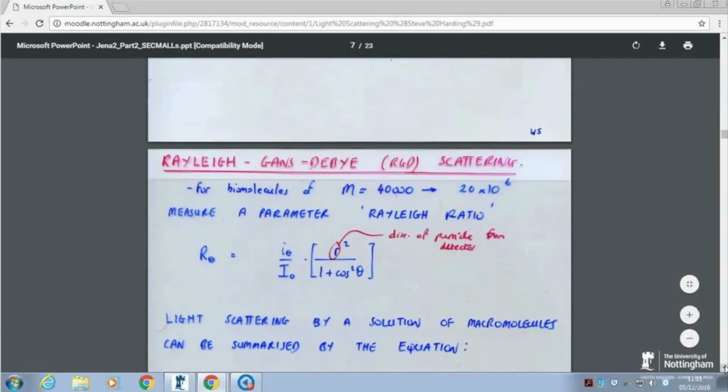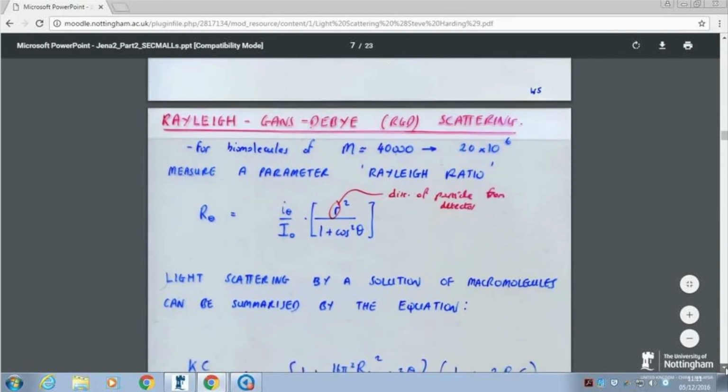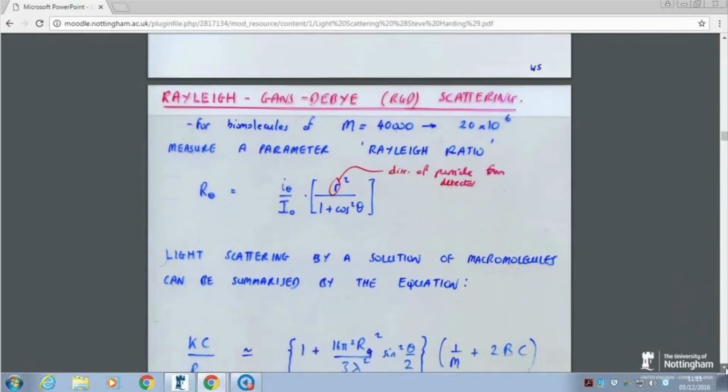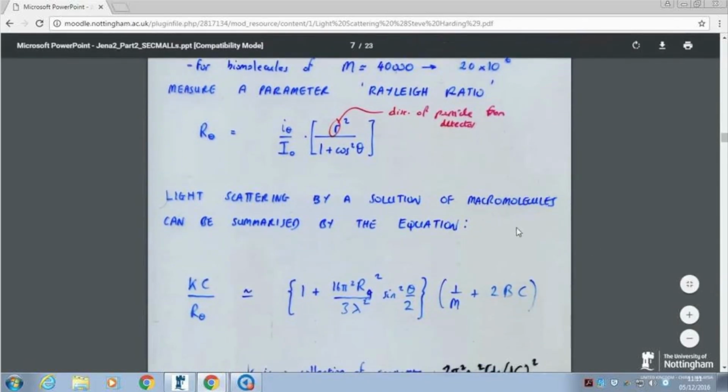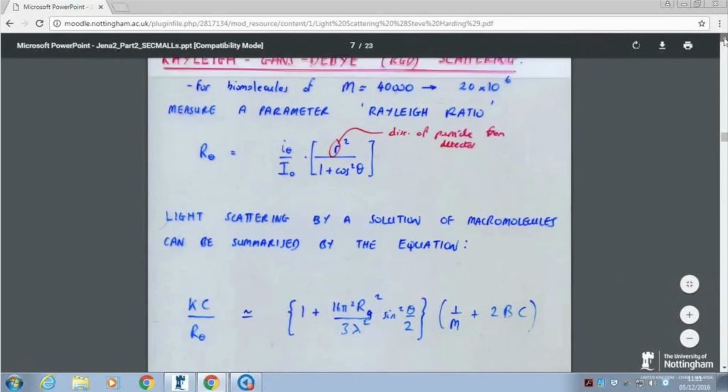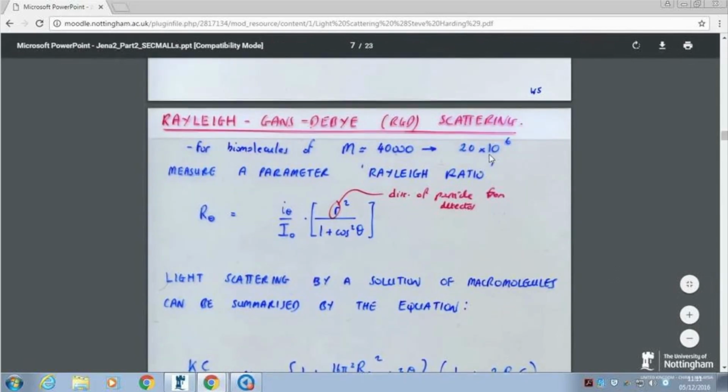So we need to know a little bit of theory, only a tiny bit, in order to understand this process. And it's basically Rayleigh-Gans-Debye, and Rayleigh scattering is a limit of this. So Rayleigh-Gans-Debye for particles between 40,000 to about 20 million.